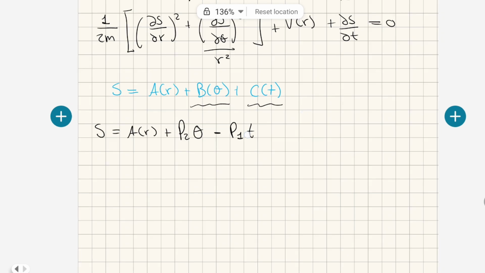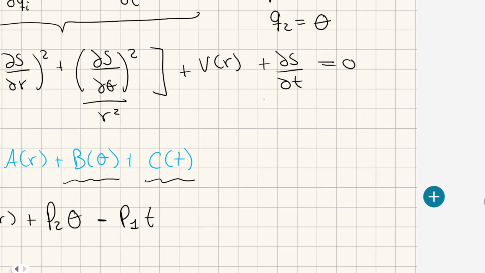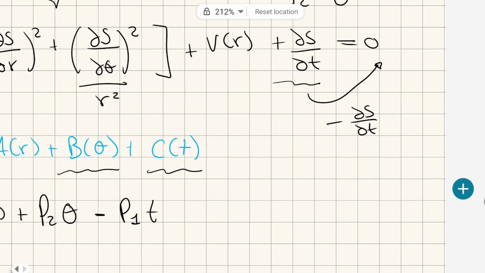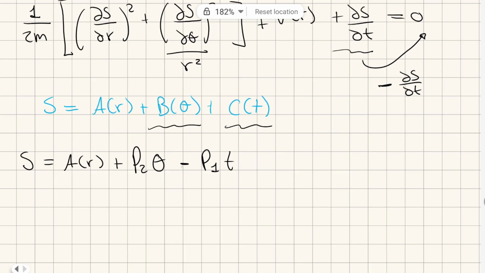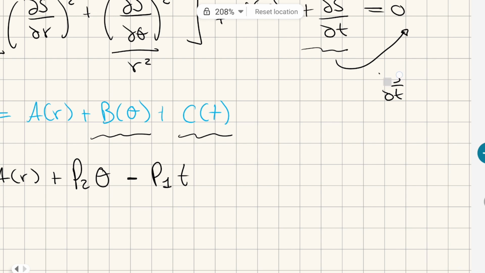This minus is because we usually take this function of time to the right hand side of the equation, and that is equivalent to minus the partial of S with respect to time. So to cancel this minus, we put this minus here. But it's not very important.